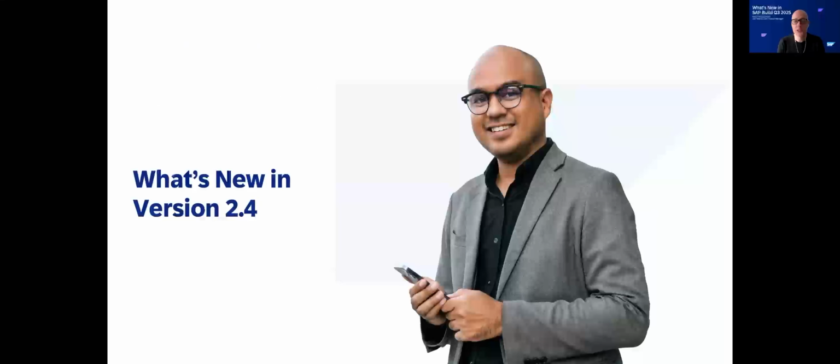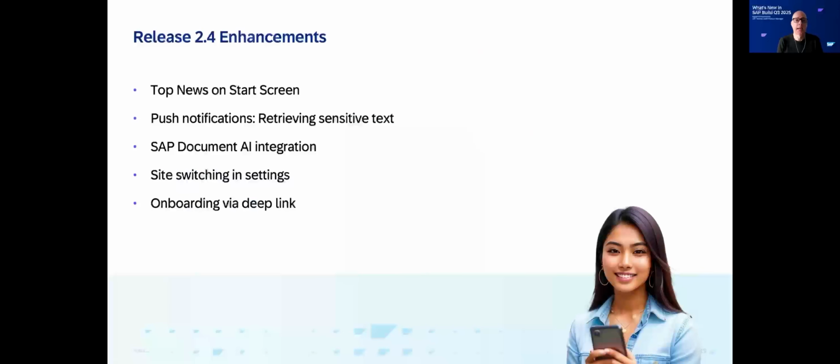Now, looking at what's new in version 2.4 that we brought to the market, here are the headlines. One critical requirement from the customer side was to also provide top news on the start screen. Then the push notifications are now enabled to show more text, specifically also sensitive text.